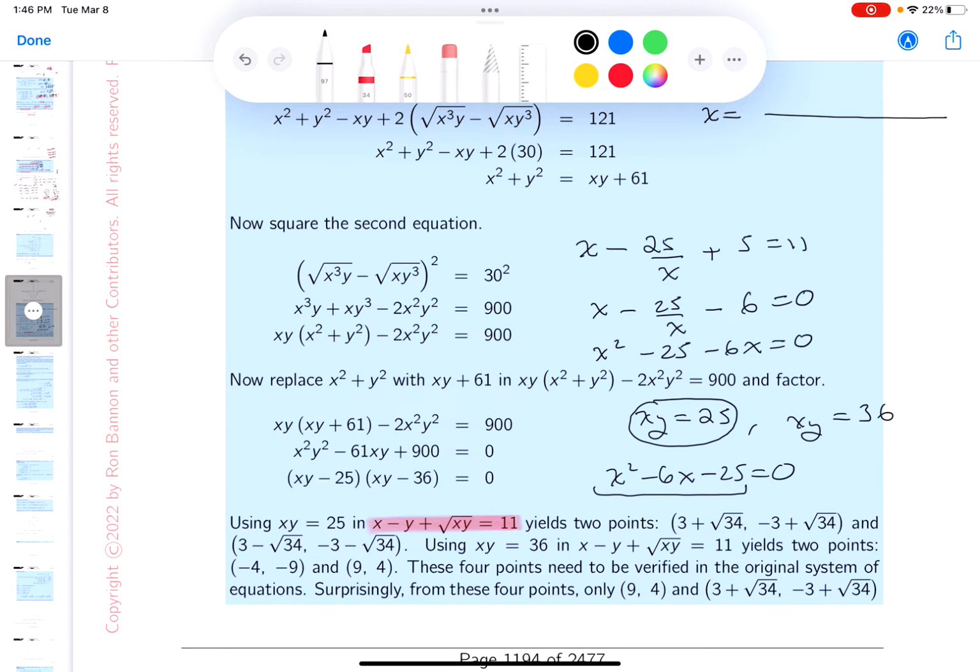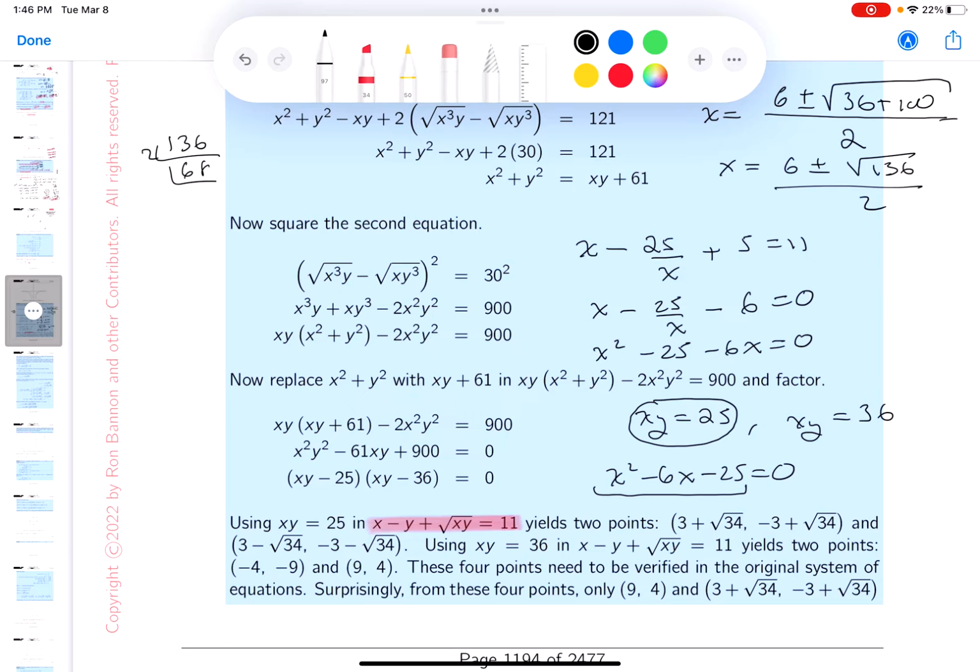But twice a, which would be 2, that would be 6, plus or minus, let's see, 36 minus 4ac, which would be plus 100. And this would be x equals 6 plus or minus the square root of 136 over 2. 136, well, half of that would be 68, right?